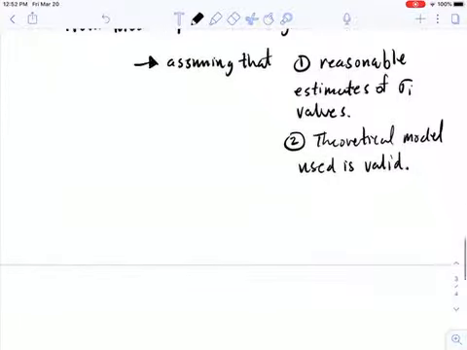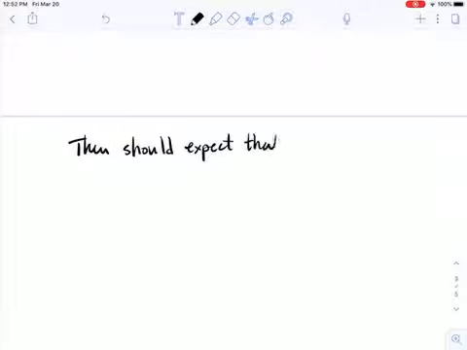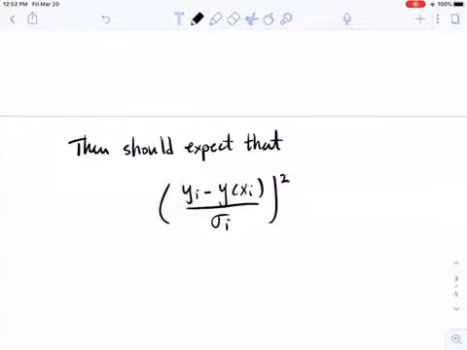Okay, so if those two assumptions are true, then we should expect that for each of the i measurements, if the deviation is about sigma i, then we have sigma i over sigma i, squared, which is 1 on average.